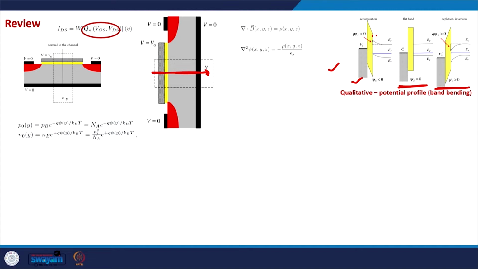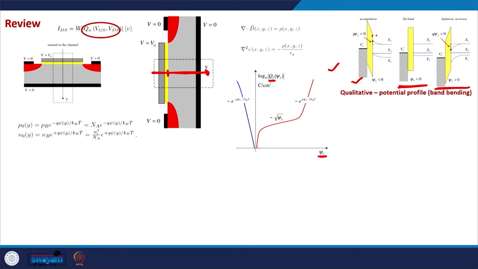Second, we saw the semiconductor charge Qs and the semiconductor surface potential, which is the electrostatic potential right at the interface of the oxide and the semiconductor, the beginning point of the semiconductor. This follows this kind of relationship.